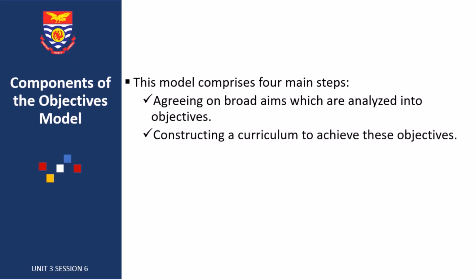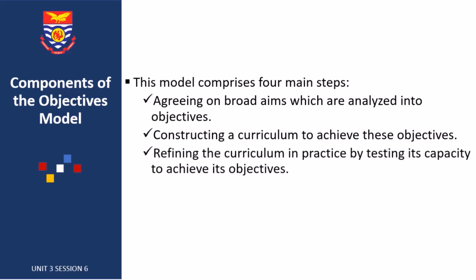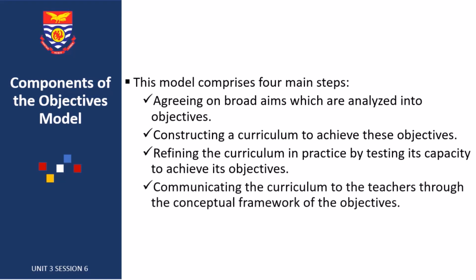Then constructing a curriculum to achieve these objectives. Then you refine the curriculum in practice by testing its capacity to help achieve its objectives. And the final step is communicating the curriculum to the teachers through the conceptual framework of the objectives.